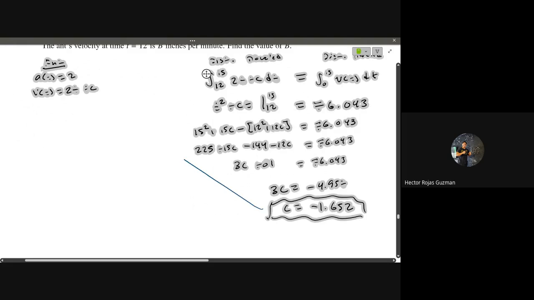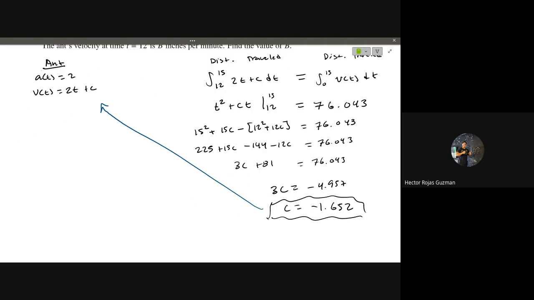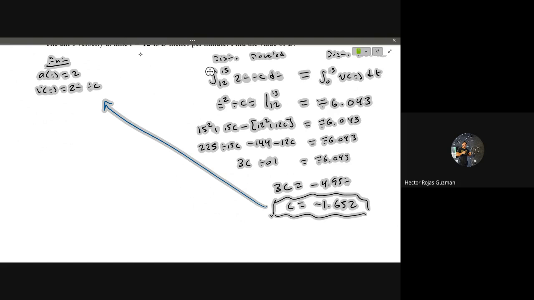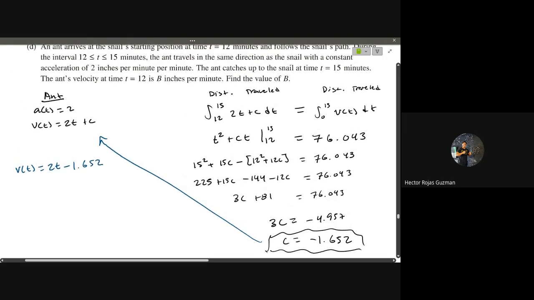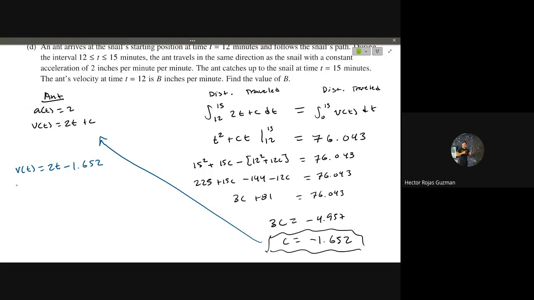So now I can take it and finish my equation. The velocity of the ant is 2t minus 1.652. Now the question is saying the ant's velocity at 12 is b. Find b. So now all I got to do is plug in the 12, which is 24 minus 1.652.